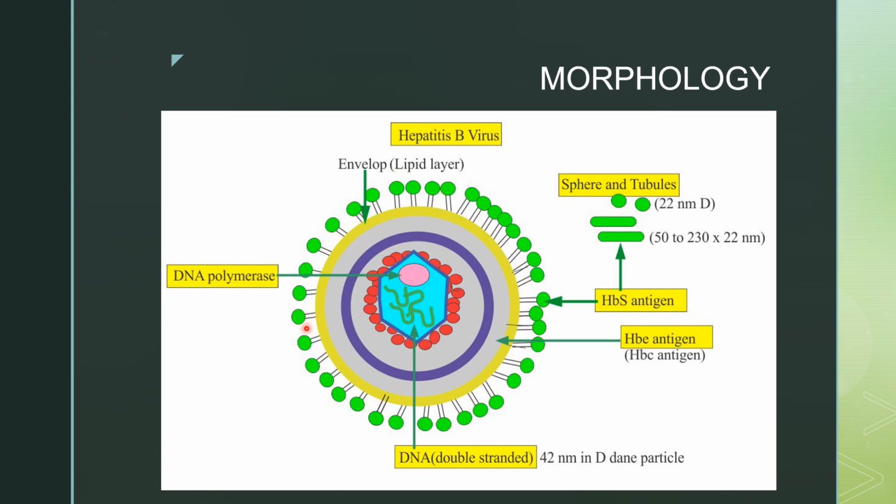It is a double walled spherical structure, and it measures 42 nanometer in diameter, and this is the one that completes the virus. This is also known as the Dane particle. Then we have another portion that is either filamentous or tubular, and this has a diameter of 22 nanometers.